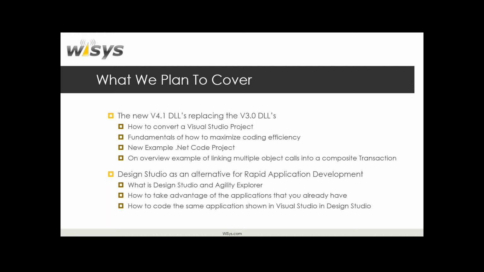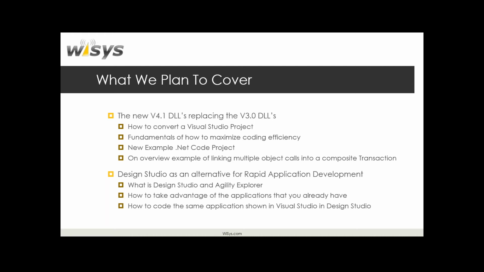And then we're going to show you a Design Studio example. Randy has an example for rapid application development. That's our tool set that sits on top of our .NET DLL objects.